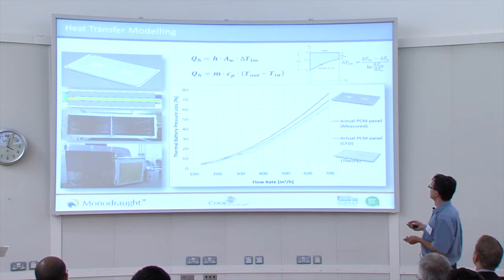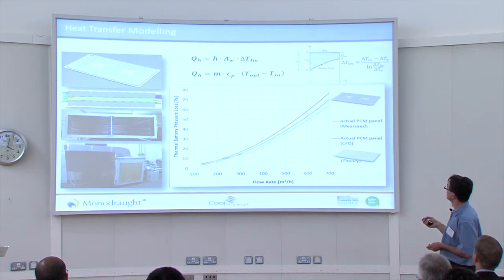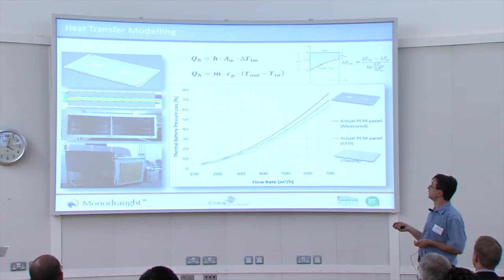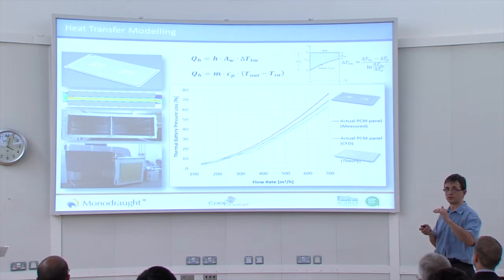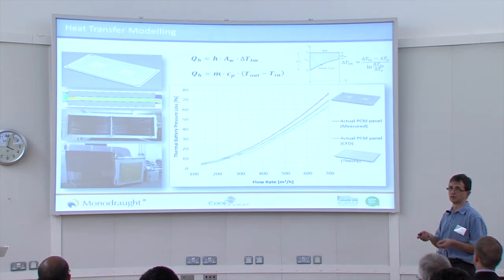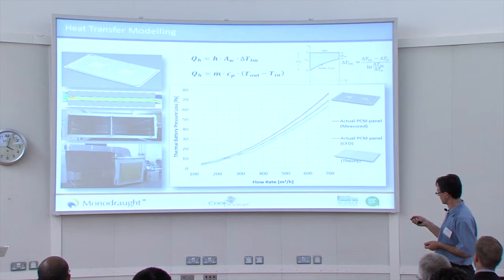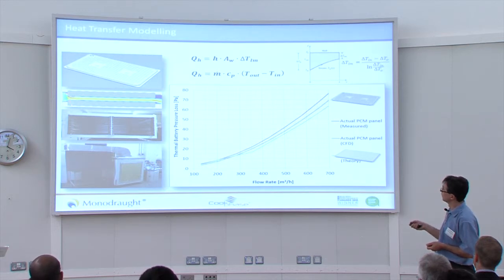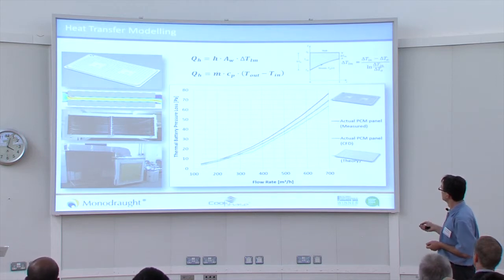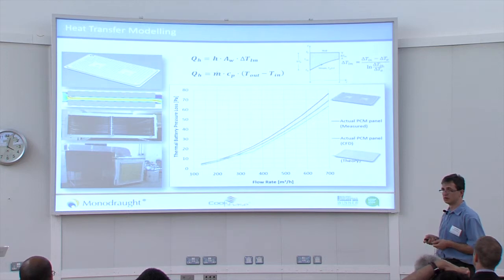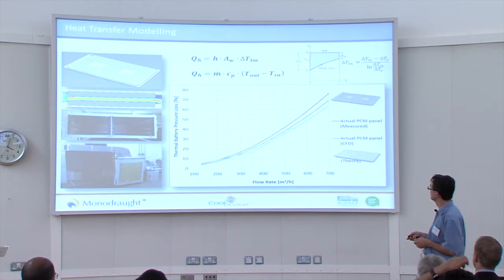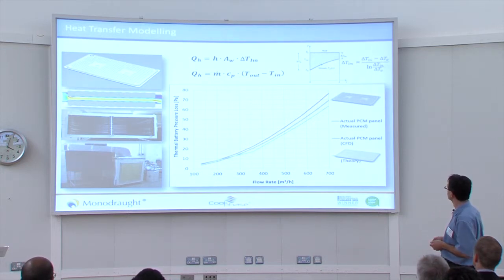For the analytical calculation, what we are using is the heat transfer process on the surface of the panel and the heat transfer for the fluid. So the fluid gets into the heat exchanger at 1 degree, and then it comes out at another degree. And as you see, this modeling shows a fairly good agreement.